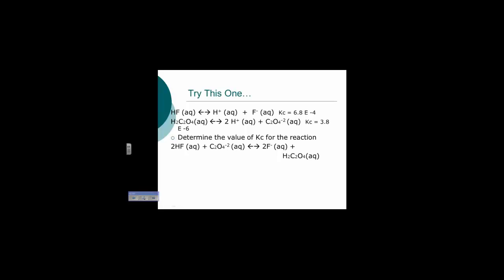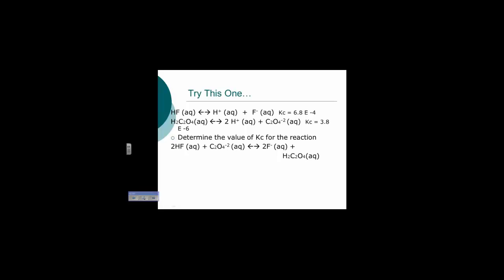The second elementary reaction, that's oxalic acid, H2C2O4, in dynamic equilibrium with its ions. 2 acid ions, hydrogen ions, and an oxalate, C2O4 negative 2. Its Kc 3.8 times 10 to the negative 6. Now on my slide, E negative 6 fell to the bottom line, but I think it's all right on your paper.